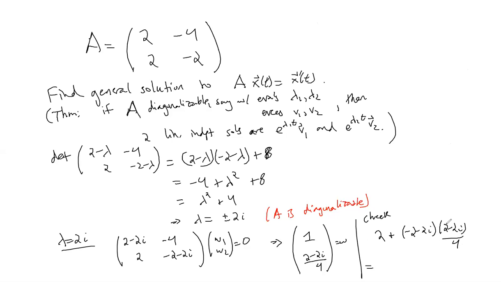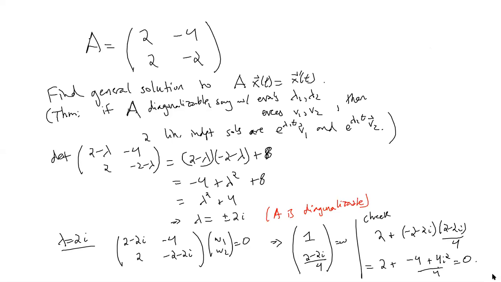When we multiply this out, we get negative 4 plus 4i minus 4i plus 4i squared over 4. So we get negative 8 over 4, which is negative 2, and so you get 0. Okay, great. So we do get 0. So we found that this is an eigenvector.